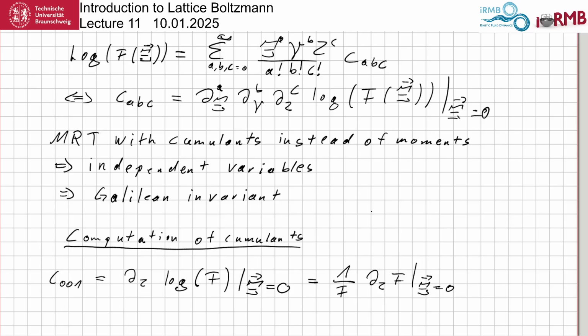So instead of trying to take the derivative of the Laplace transform, you notice that there is the zeta derivative directly on f. And from this you know that this is a moment, right? This is the definition of a moment, the derivatives of the moment generating function. It's M_001.